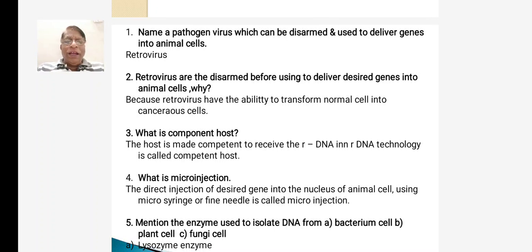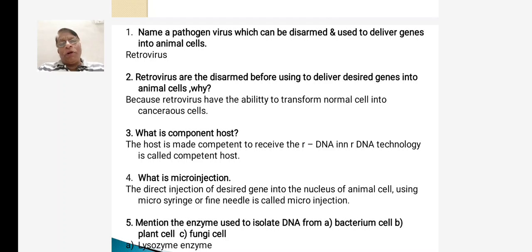The host is made competent to receive the rDNA in rDNA technology is called competent host. It means the host is made competent to receive the rDNA. So there are different methods to make the host competent, that you know.